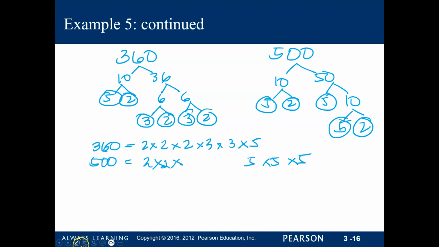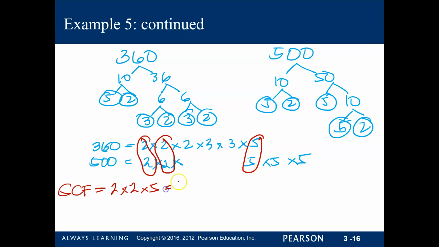Okay. So, what is our GCF? Our GCF is what is common. So, the common is 2 times 2, which is 4, times 5. So, that will be 2 times 2 times 5, which is 20. That's the GCF. LCM, on the other hand, is the product of all of this.